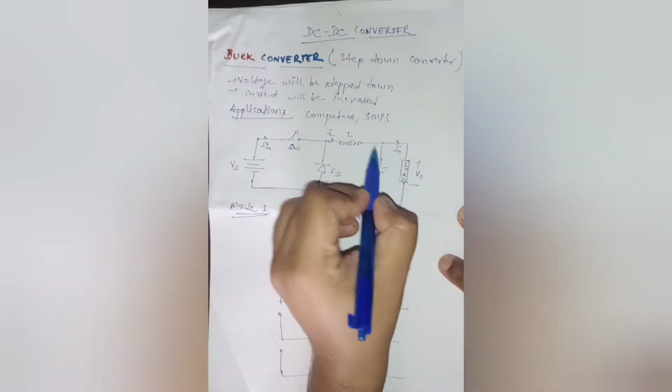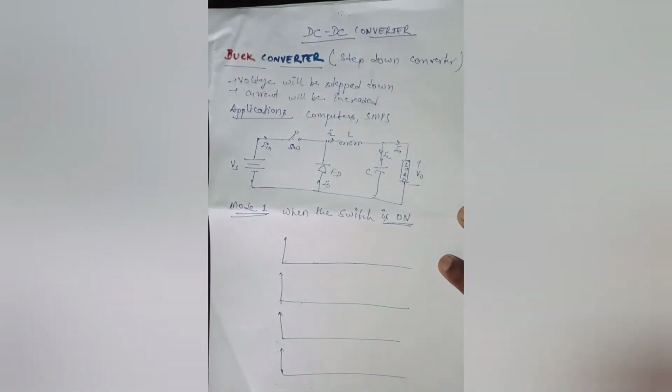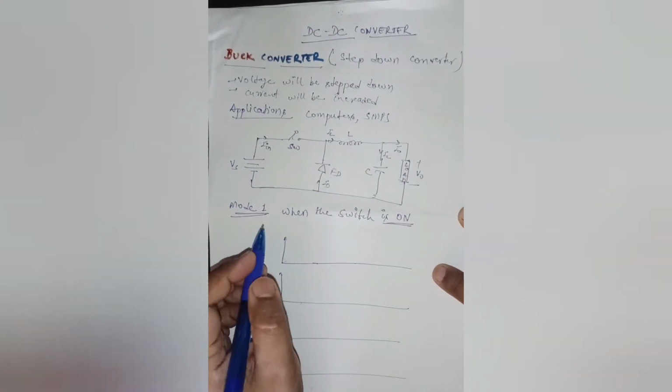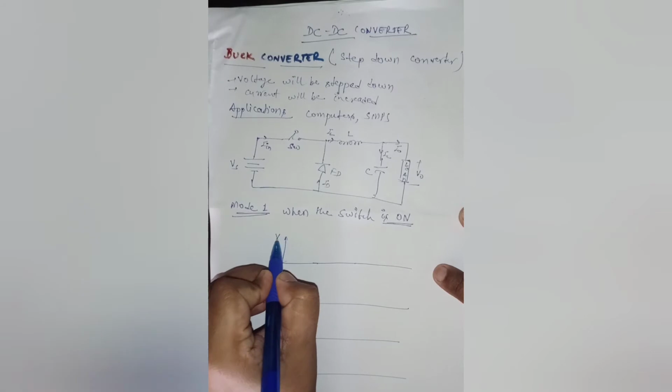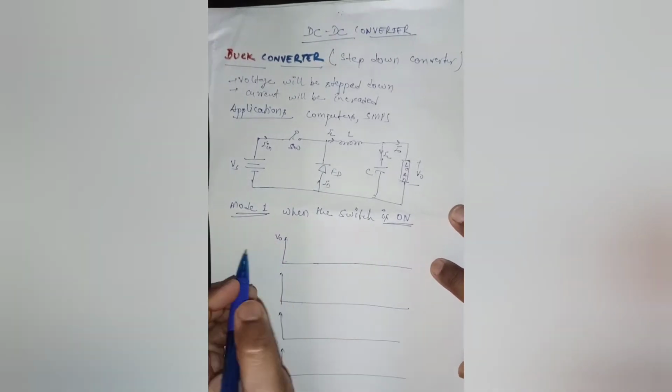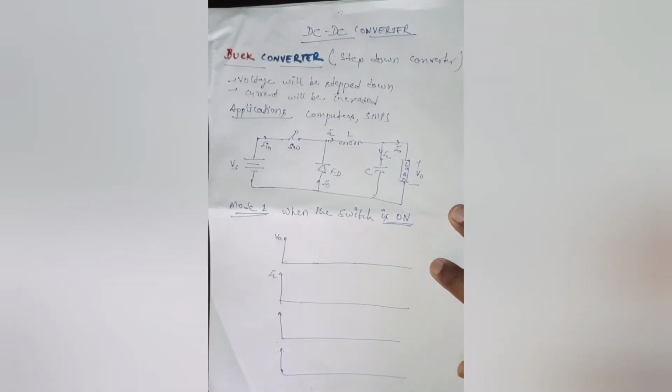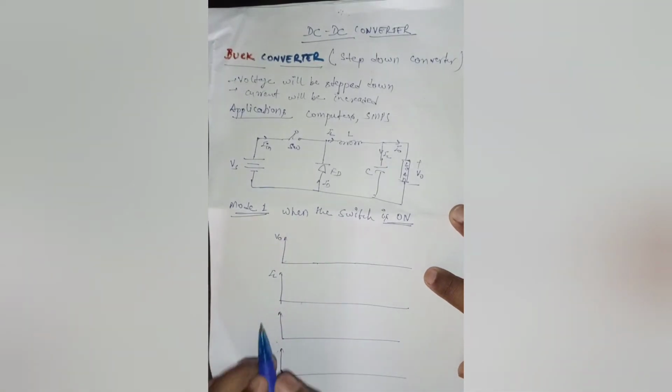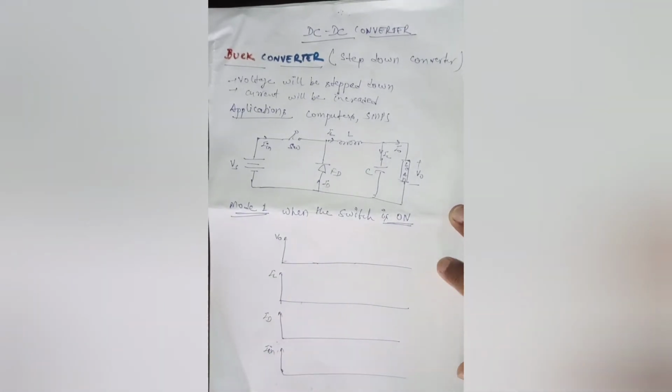This will be IC, and I naught we have already mentioned. So mainly we need to draw V naught, the output. Okay, IL inductor current, ID diode current, and the input current.